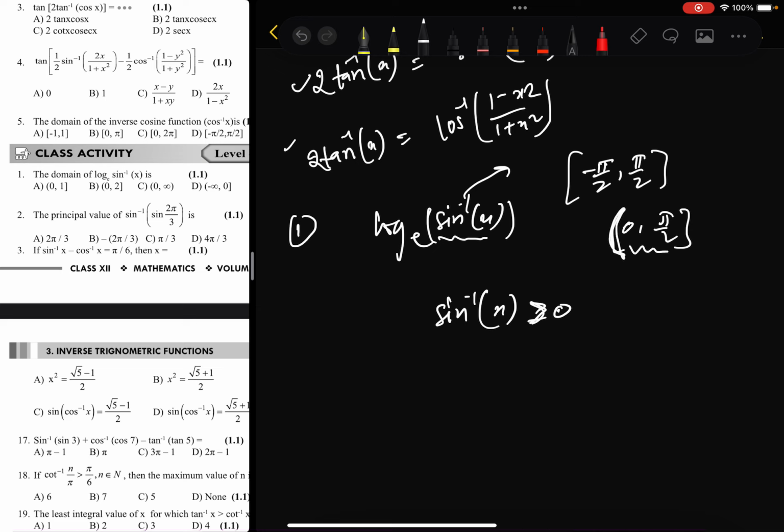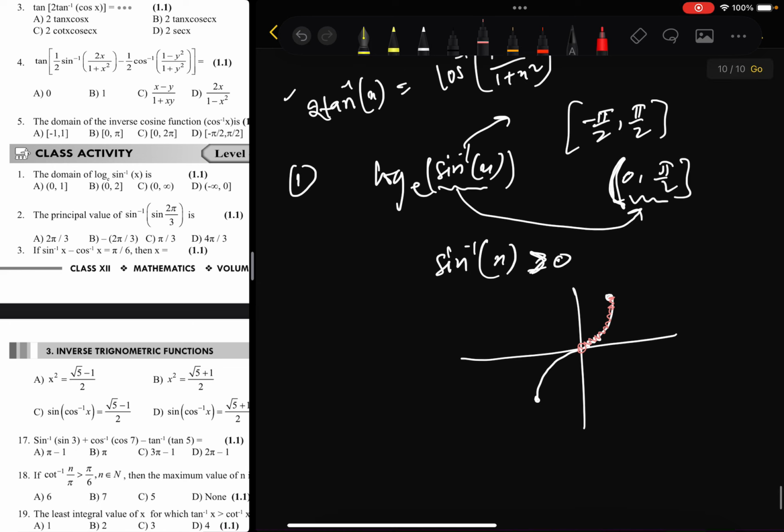You can draw the graph also. This sine inverse x should give a positive value, so when sine inverse x is positive, that part of the graph is valid. 0 is not acceptable, the rest of the graph is acceptable.